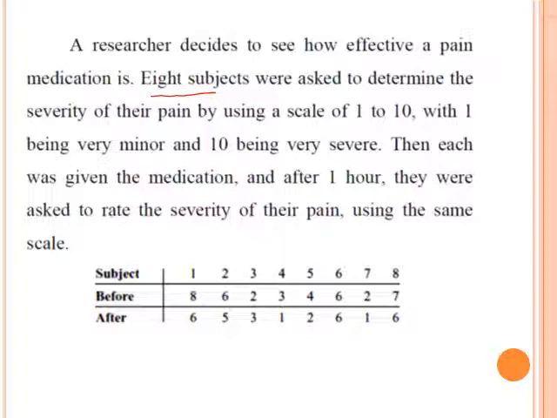So you should know how to rank from 1 to 10. Be sure about ranking at this point. Please concentrate. Then each was given the medication, and after 1 hour they were asked again to rate the severity of their pain, using the same scale.